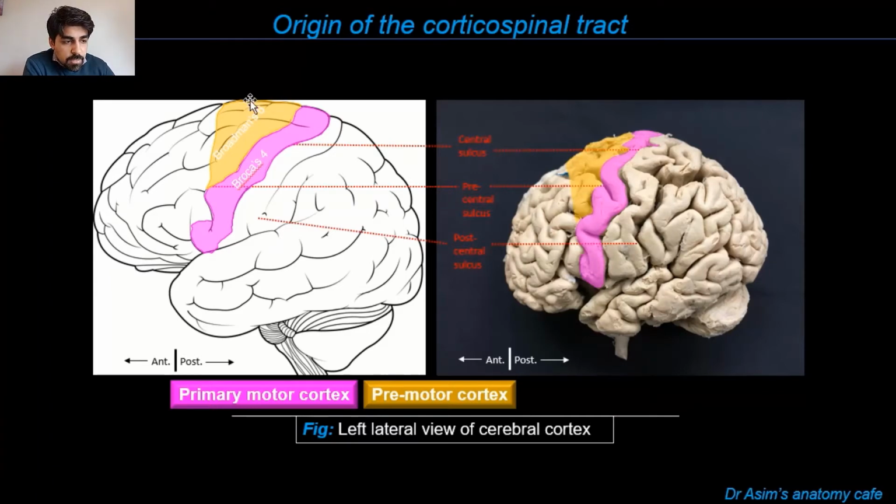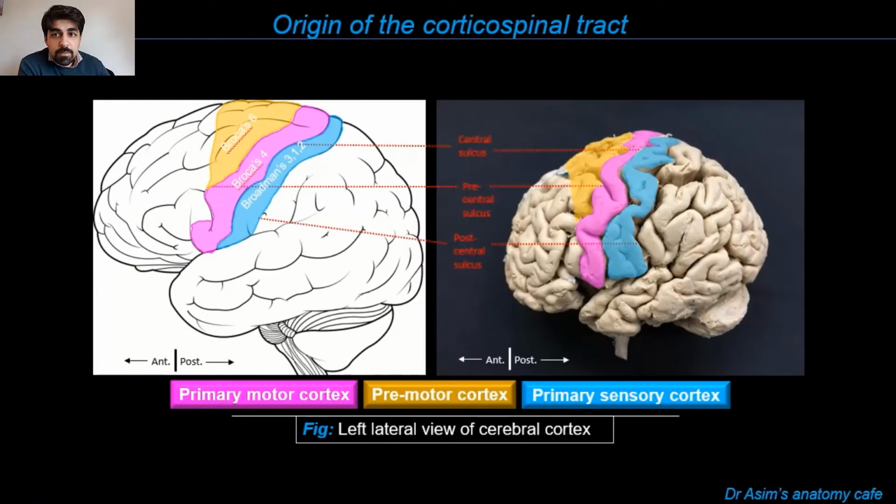So once the motor activity has been planned over here, along with various other higher order association areas, that motor activity is then transmitted to the primary motor cortex, which then executes the motor activity through various motor tracts, including the corticospinal tract. The premotor area can be seen very nicely on the prosection over here as well. Once again, color-coded in yellow, and you can see the premotor area is still part of the frontal cortex, but in front of the primary motor area.